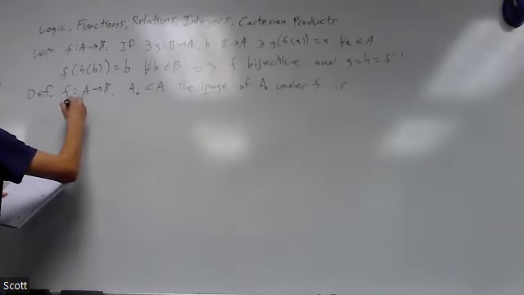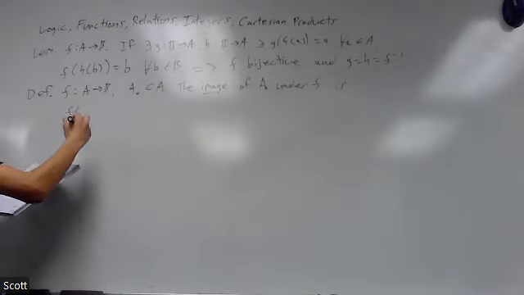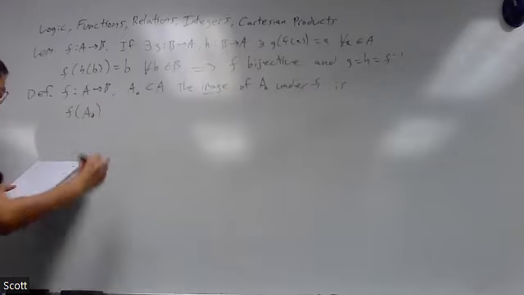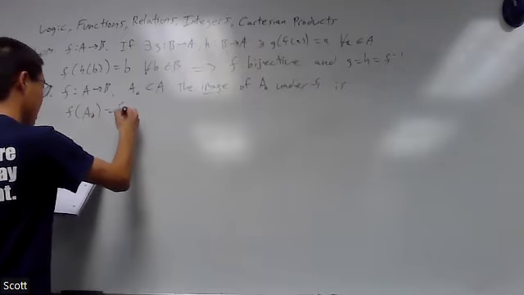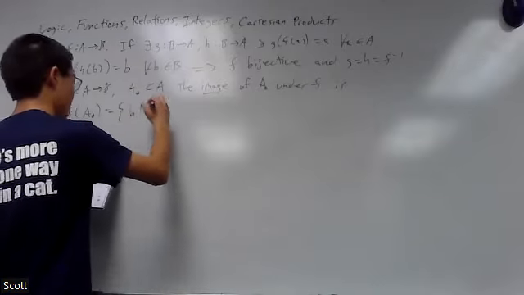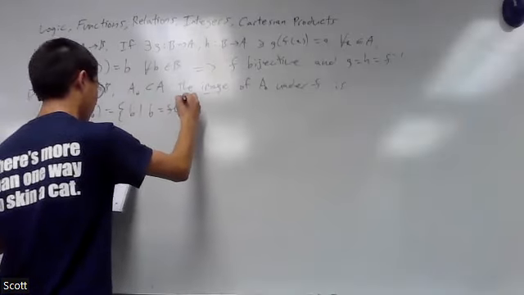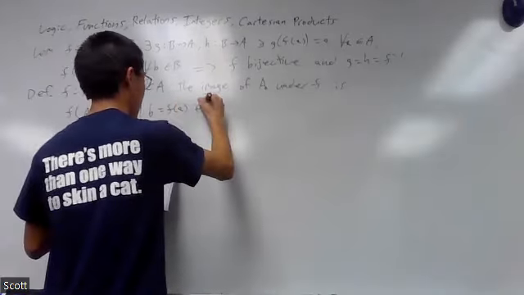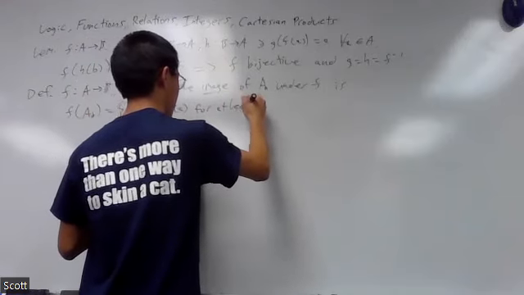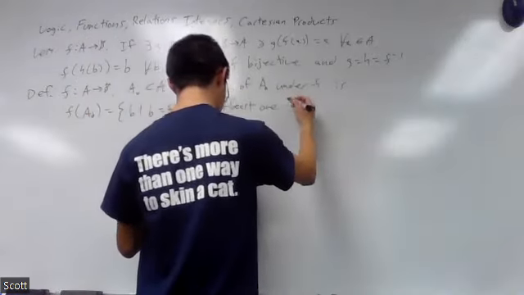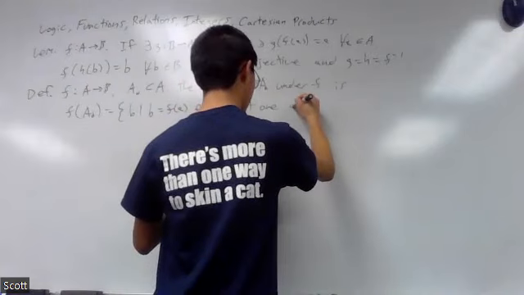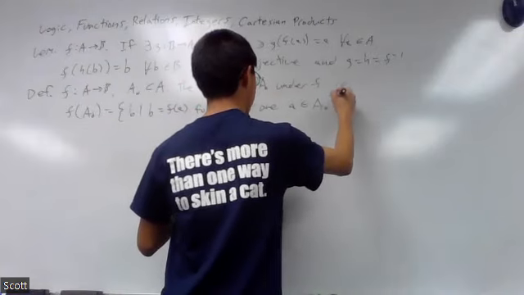I think Fitzpatrick adopts this notation, where he takes that subset, and it becomes all of the points b, where b can be found with f of a for at least one a in that subset of A.